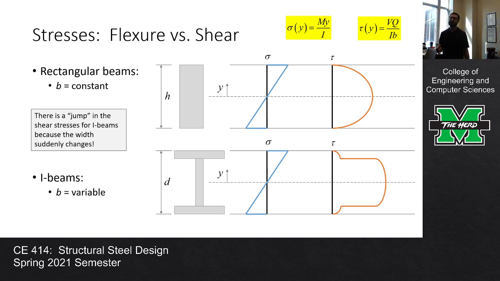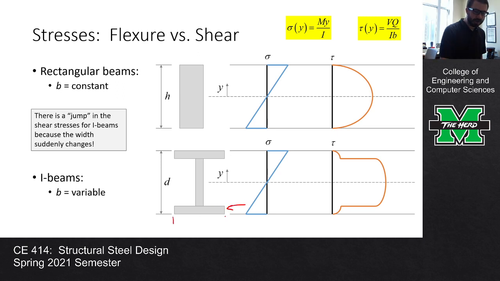Now for shear stresses, the formula is a little bit more complicated because you need the shear, you need the moment of inertia, you need this term Q, which is the first moment of area, and you need b, which is the width of the beam. Now I'm going to somewhat skip the computation of how you would actually get the shear stress profile that you see here on the right. But one of the things I want to point out is what happens between a rectangular beam and an I-beam. And one of the things that you see is what happens right here.